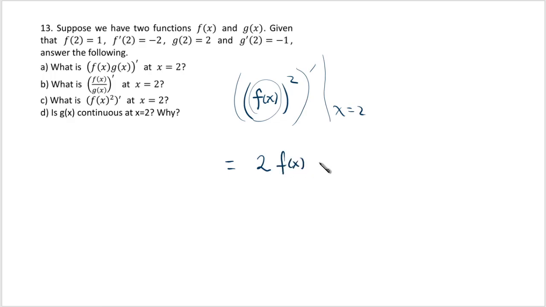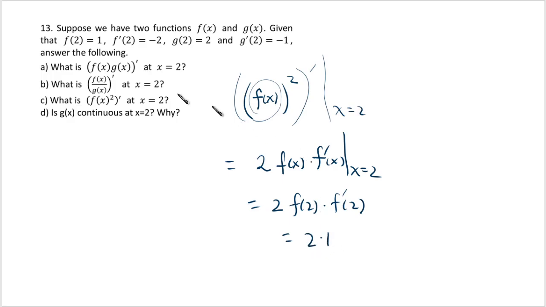Times the derivative of the inside function, so you take the inside function and you differentiate it. You make a copy of the inside function and put prime there. And then you plug in x equals 2, which gives you 2 times f of 2 times f prime of 2. And that's 2 times 1. f of 2 is 1, right? And f prime of 2 is negative 2. So negative 4 is your answer.